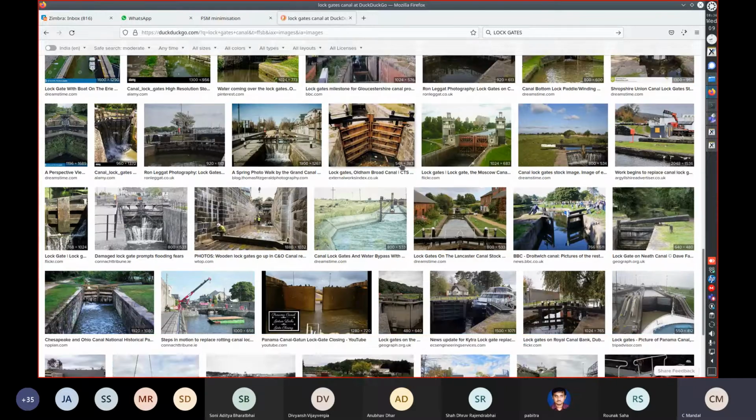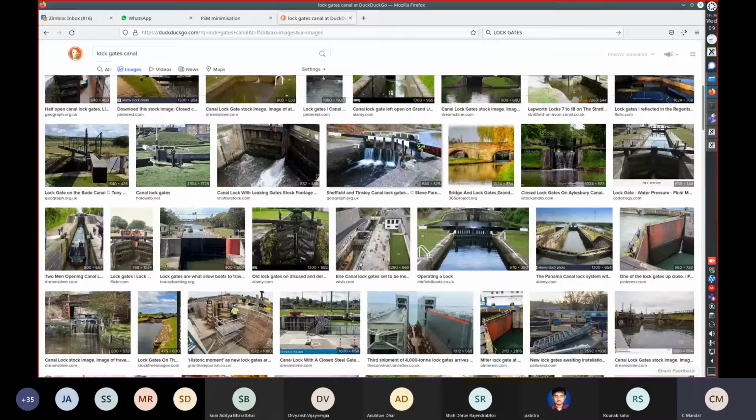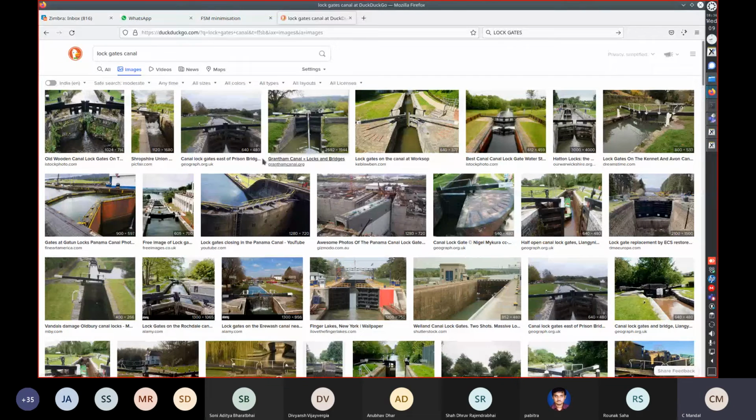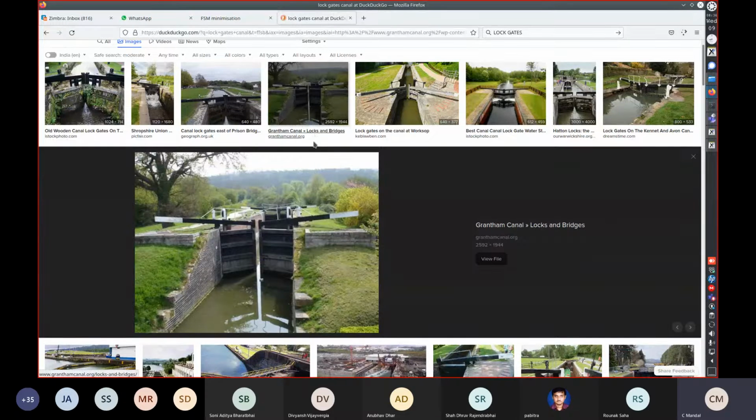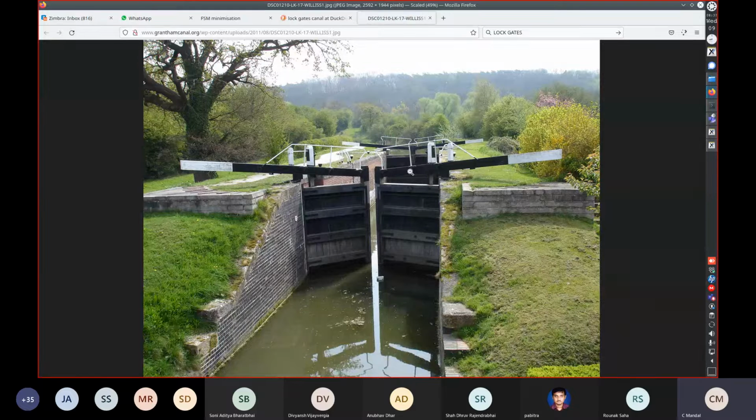Anyway, immediately I'm not finding a sideways image. But anyway, let us look at a simple image here. Okay, so this is good enough.